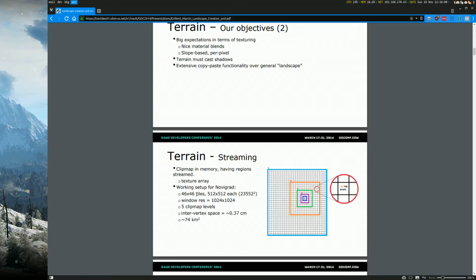It's a lot of fine control. And then on the biggest one, 74 kilometers, I guess. Does that check out? I don't know. I don't know what this means, and I don't know what this means.